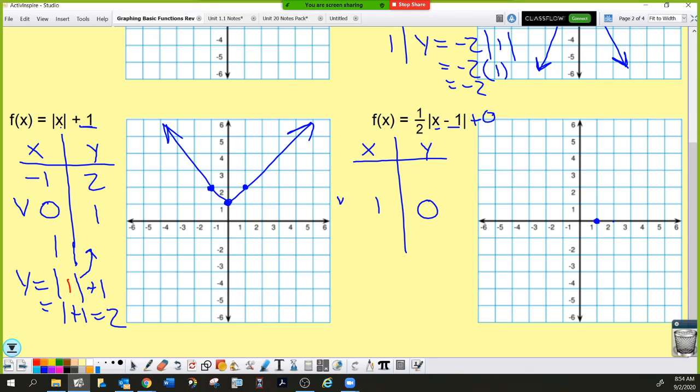And if I plug in a 2, here's what's going to happen. I'm going to get the absolute value of 2 minus 1. Well, that's 1. The absolute value of 1 is 1. And then I'm going to have to multiply that 1 by 1/2. Oh, shucks, a decimal. So moving to the right one created a decimal. I don't want to do that.